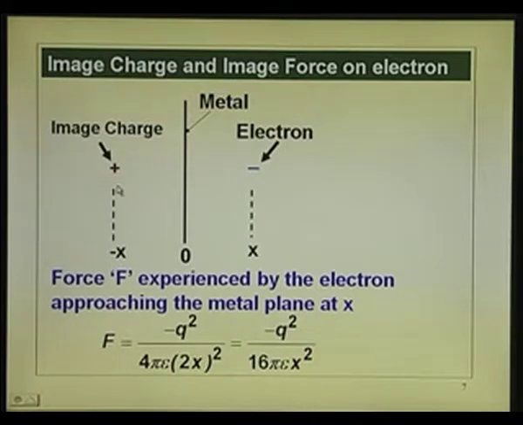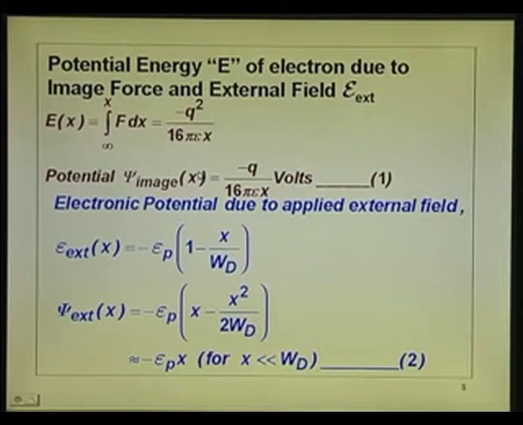Otherwise, you do not know how the distribution is, but the entire effect can be accommodated by putting the mirror image here. So, that means this charge experiences a force which is equal to q squared by 4 pi epsilon x squared, where x is the distance, and as you go nearer, the energy and the force both keep on increasing negatively.